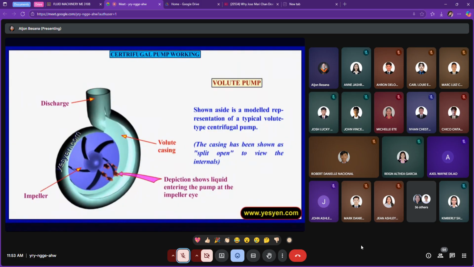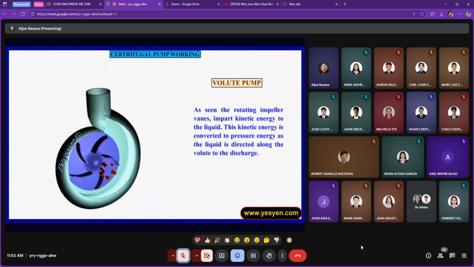The casing has been split open to view the internals. Depiction shows liquid entering the pump at the impeller eye. As seen, the rotating impeller vanes impart kinetic energy to the liquid. This kinetic energy is converted to pressure energy as the liquid is directed along the volute to the discharge.